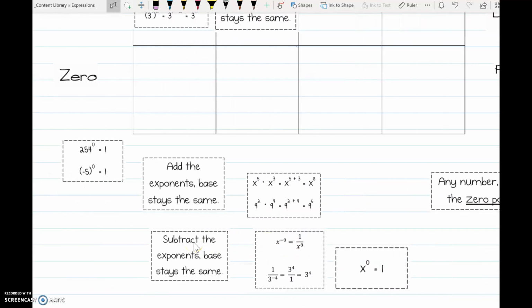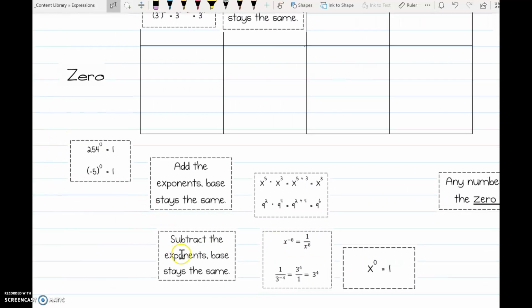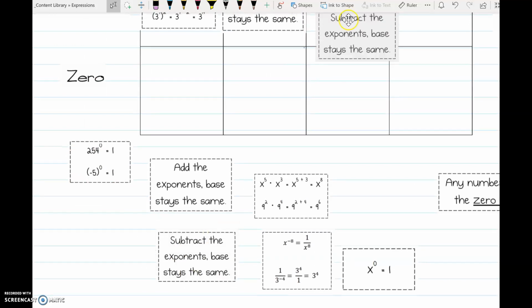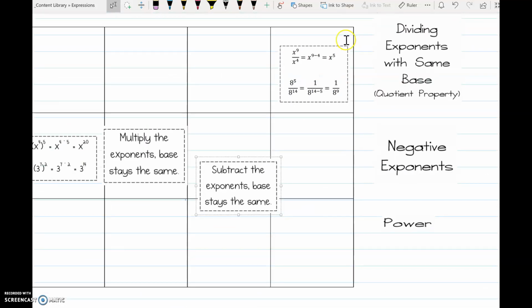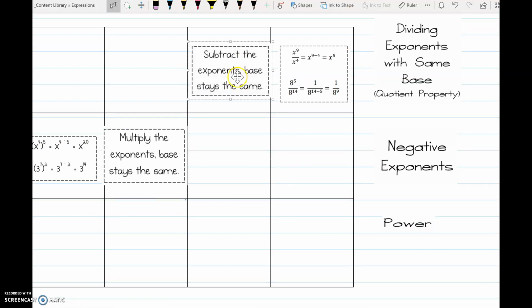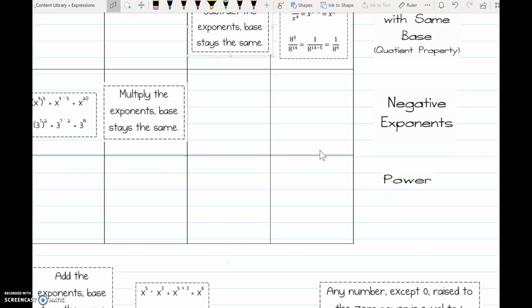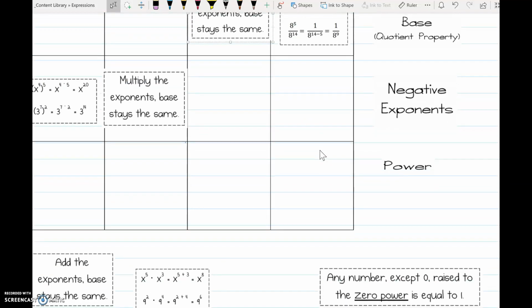Not that one. Here we go. Subtract the exponents, base stays the same. So we're going to slide this up and glue those in. Again, feel free to pause this at any time while you're gluing stuff in. I just have to keep the video below 15 minutes or else it's not free anymore.